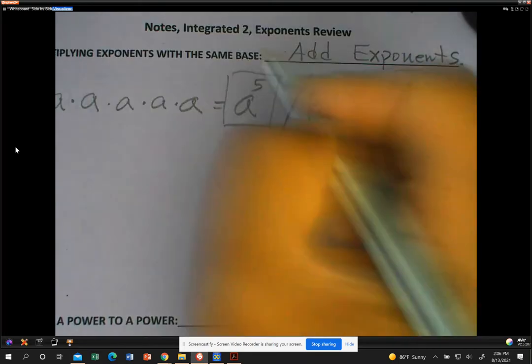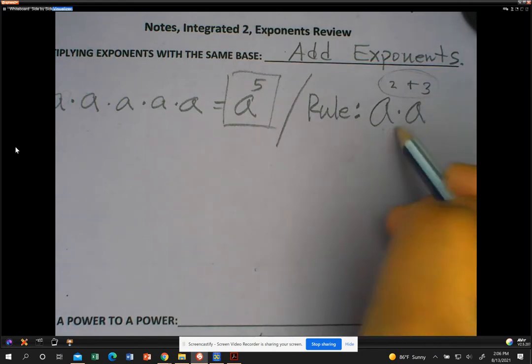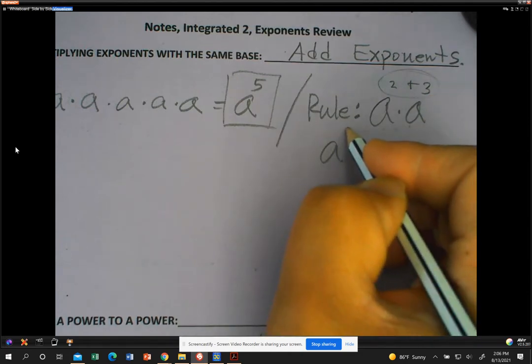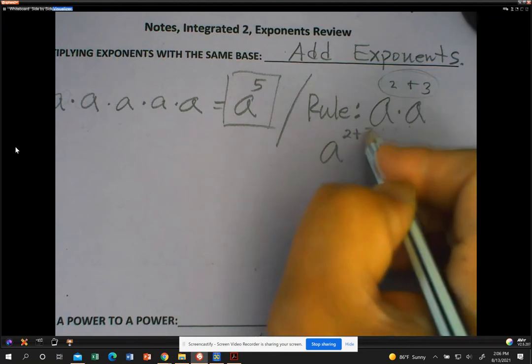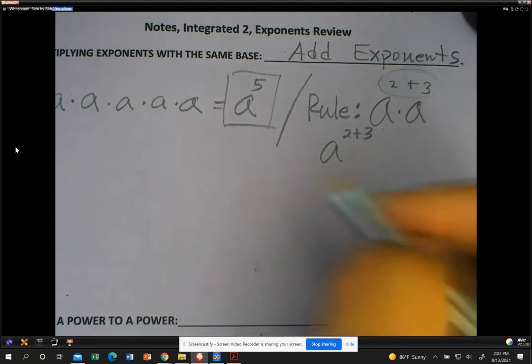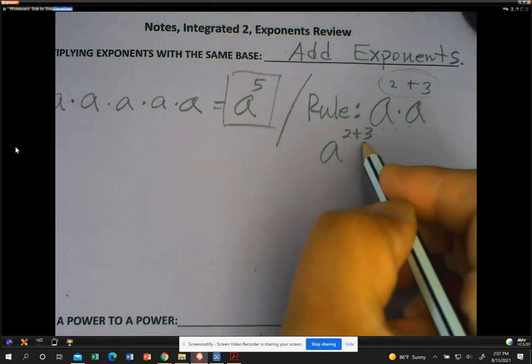Go ahead and write that. Sometimes I don't like to write a and a, so you'll notice that a lot of the time they'll just put a and then 2 plus 3 on the top. Make sure you write it neatly. Make sure you distinguish between your base and your exponent, your powers.